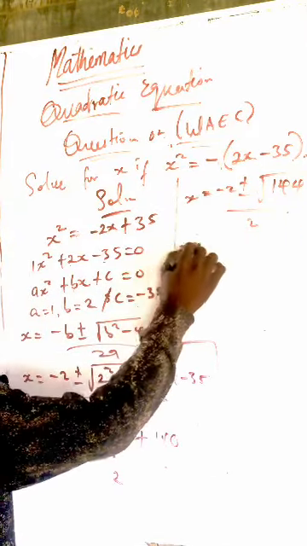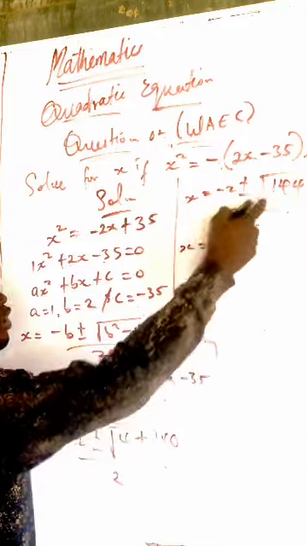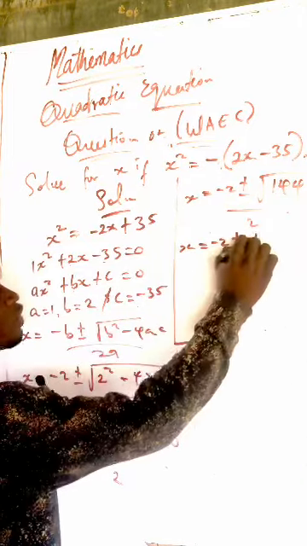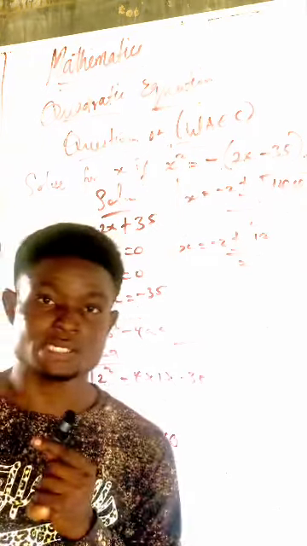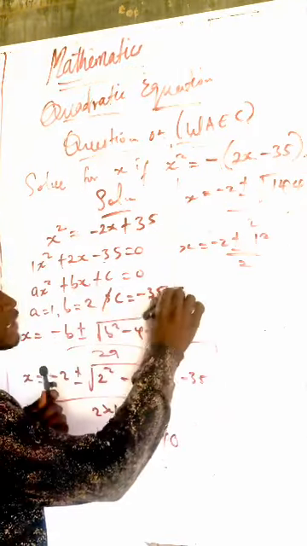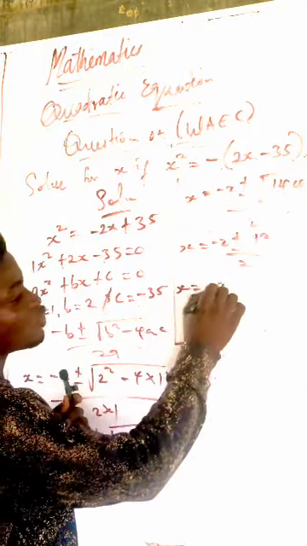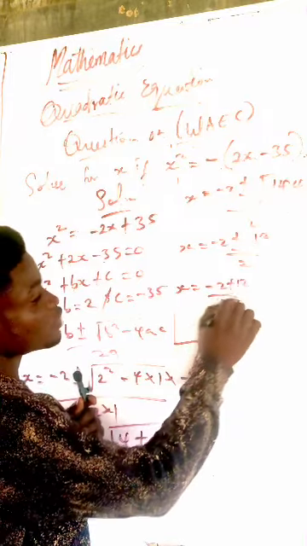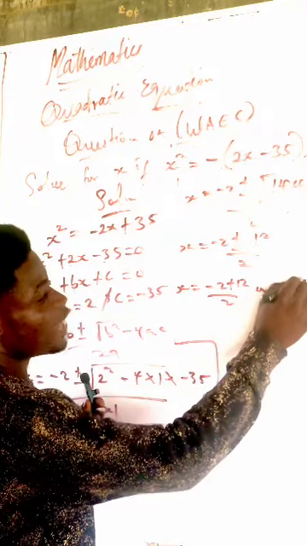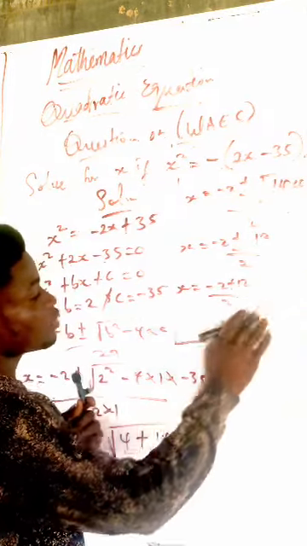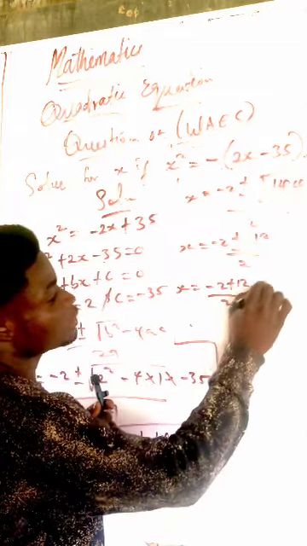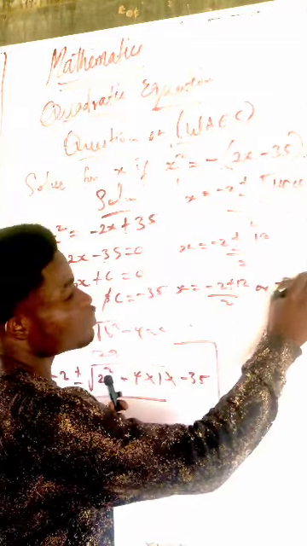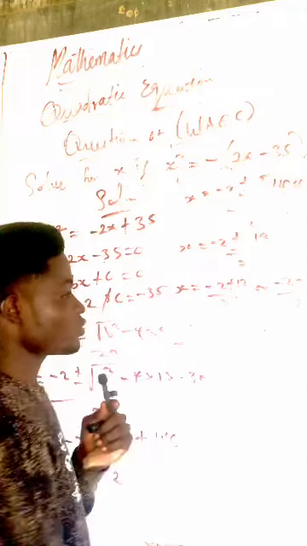So x now is equal to minus 2 plus or minus the square root of 144, which is 12, over 2. So now you have removed everything. That's why you now go to your two answers of x. So x is either equal to minus 2 plus 12 over 2, or minus 2 minus 12 over 2.